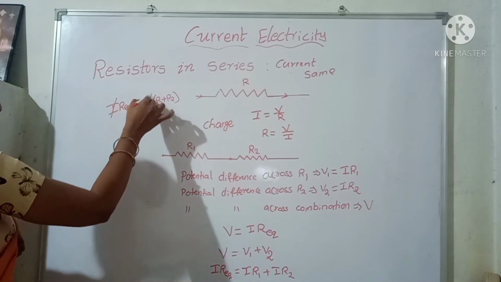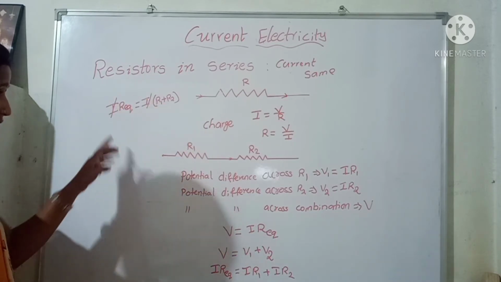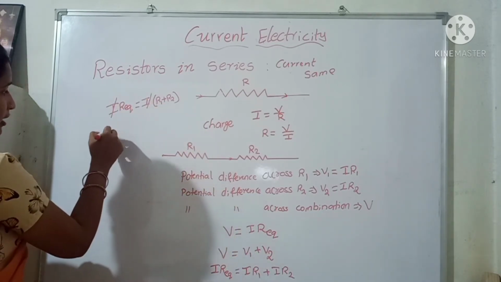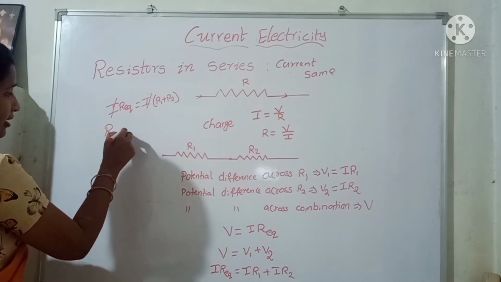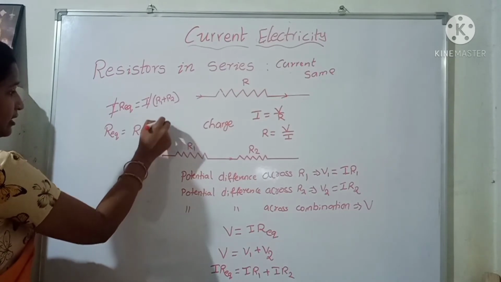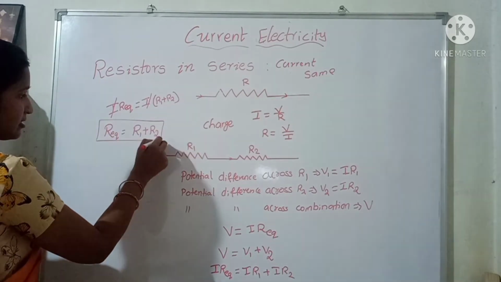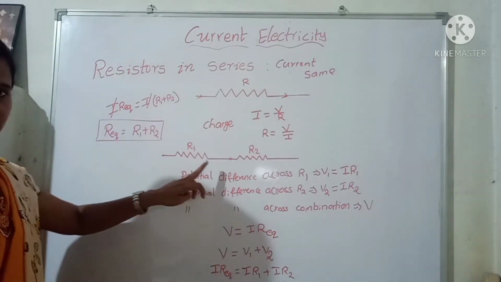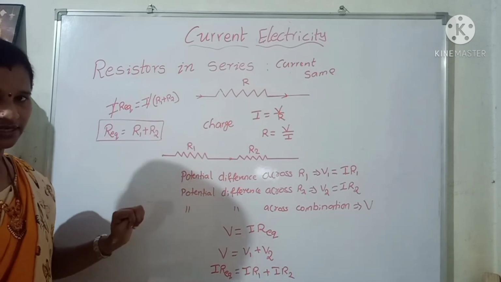I will be cancelled, then R equivalent equals R1 plus R2. This is the equivalent resistance for two resistors in series combination.